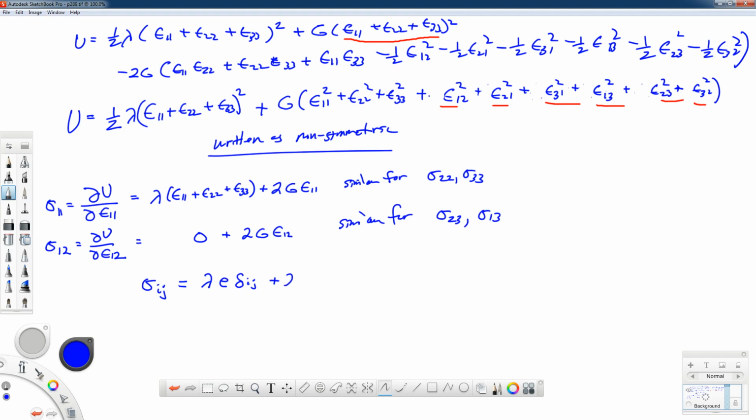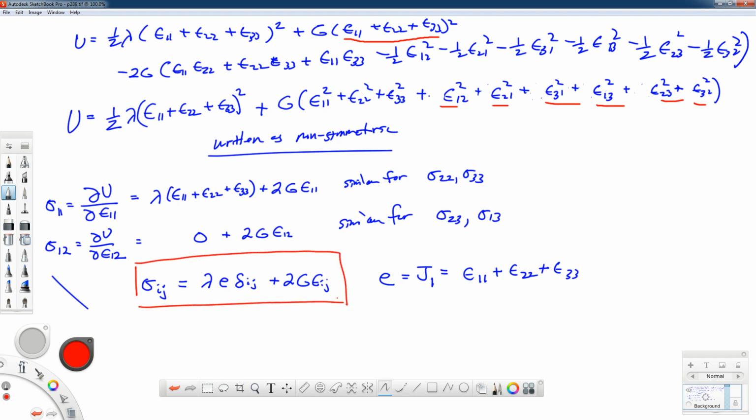But then I'm going to have a 2g times epsilon ij. And here, little e is the same as what we had previously called j1. It's equal to the trace of the strain tensor, epsilon 1 1 plus epsilon 2 2 plus epsilon 3 3. So what I really want you to get out of this is this expression.